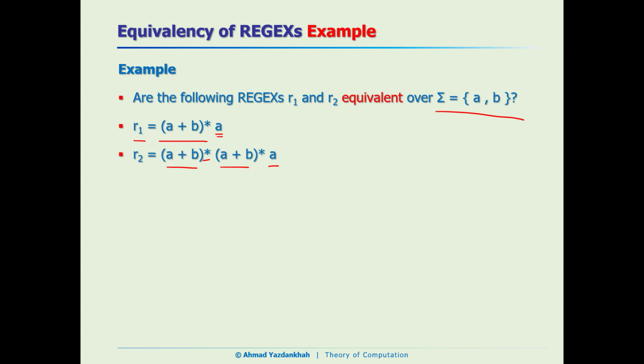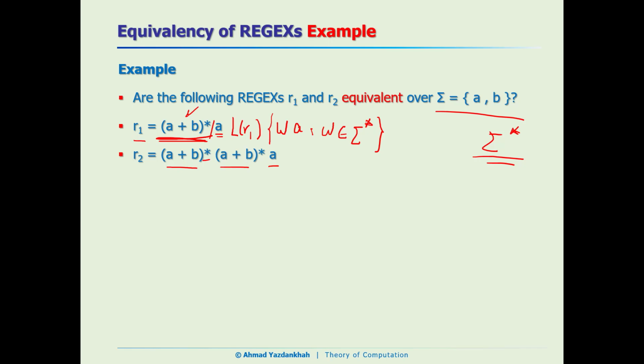So if you remember, we said (A plus B) star is anything. It represents all strings. In fact, it is representing sigma star. If we want to find out what language this is, then we would say it is WA such that W belongs to sigma star. So this is the L of R1.